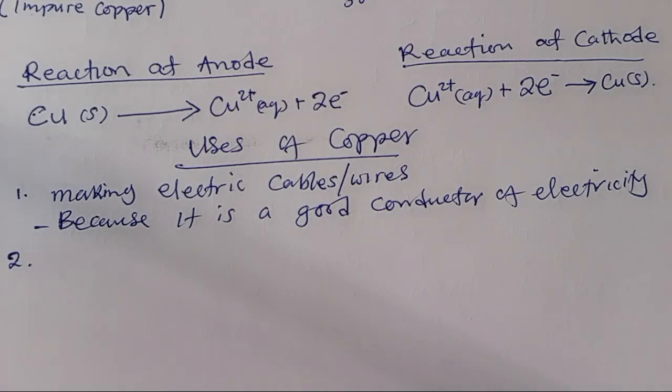Number 2, copper is used to make alloys, e.g. we have brass and bronze. Those are the 2 alloys of copper. Why is copper used to make an alloy? Because it does not corrode.